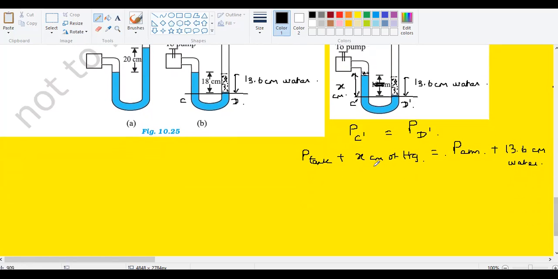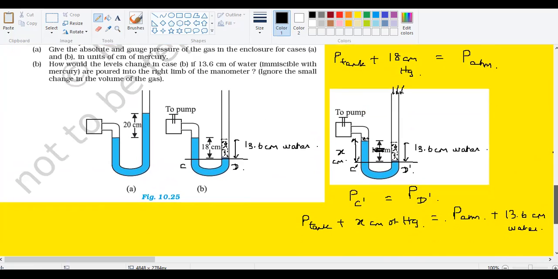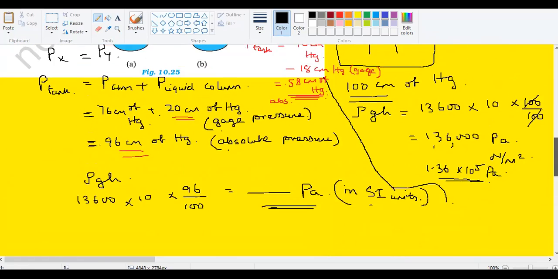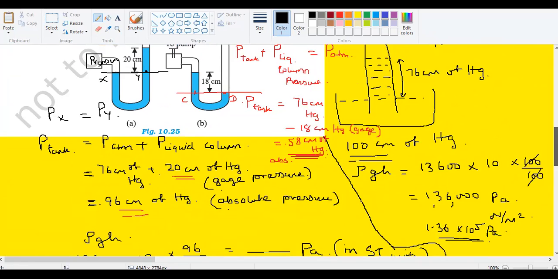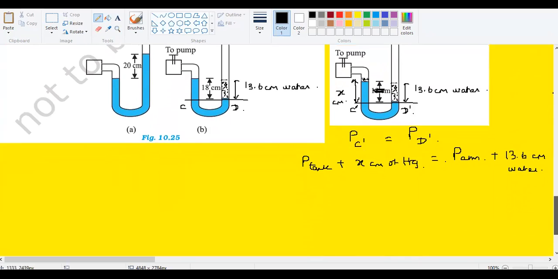I am interested in finding the X value. The pressure in the tank, we found it from the previous calculation, right? We found it as 58 centimeter of mercury, absolute pressure. So 58.